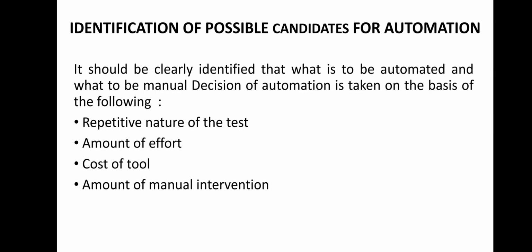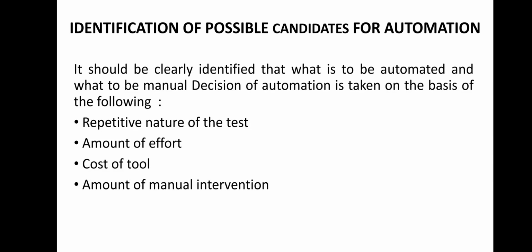If the task is repetitive, that means the repetitive nature of the test is there, the amount of effort is very high, and the cost of the tool is different, then we have to go for automated tests. That means we have to identify which test cases are manual and which test cases are automated.